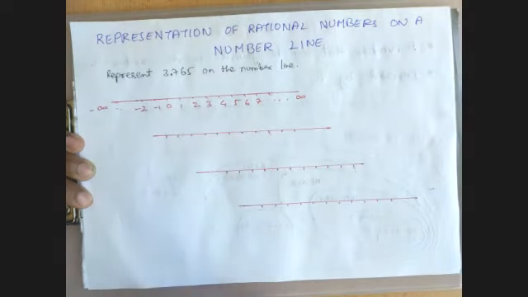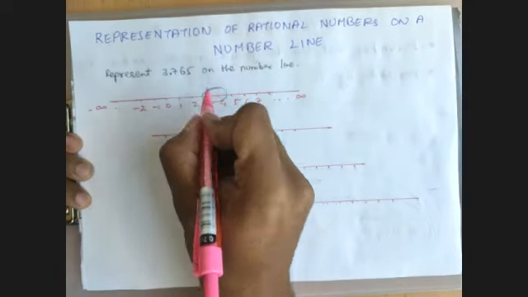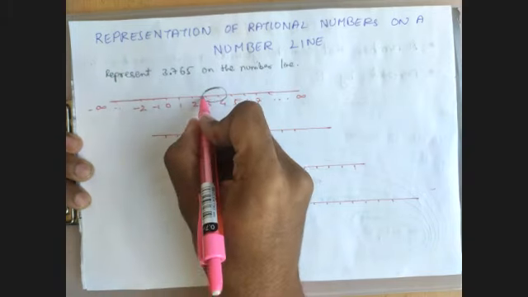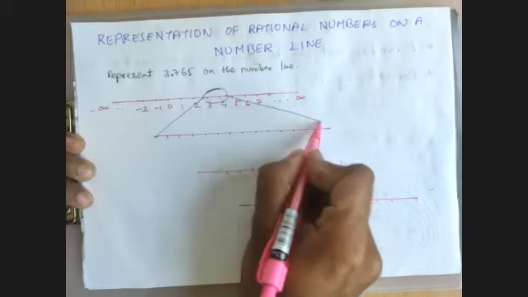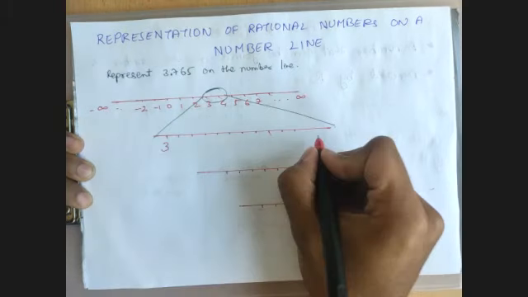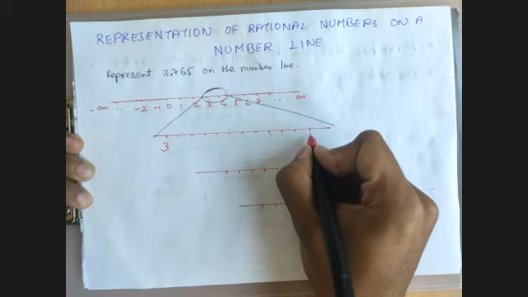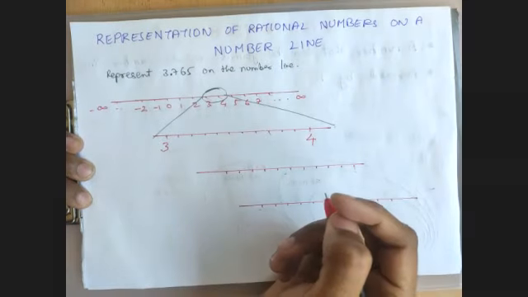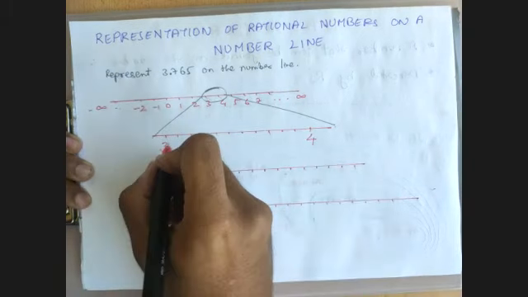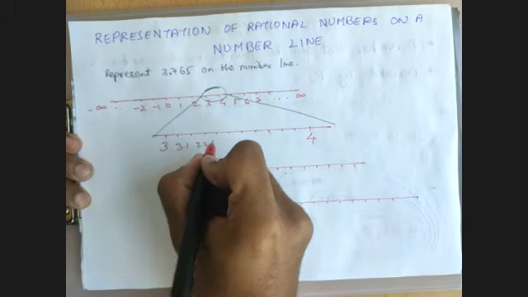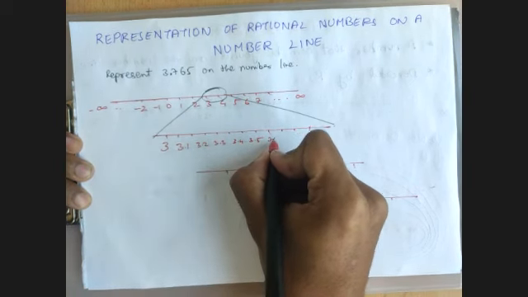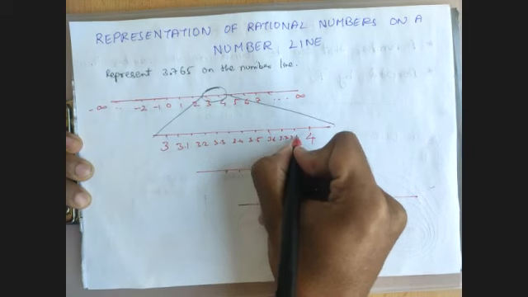So what I'll do is, I will take a magnifying glass and zoom this part. When I zoom this part, from 3 till 4, I would be getting 3.1, 3.2, 3.3, 3.4, 3.5, 3.6, 3.7, 3.8, 3.9.